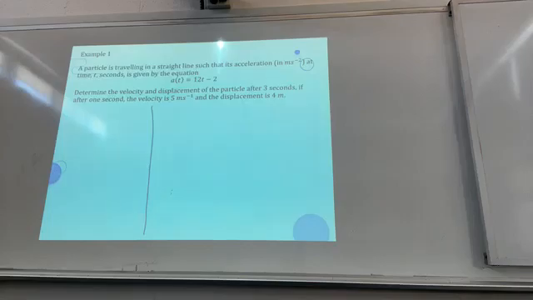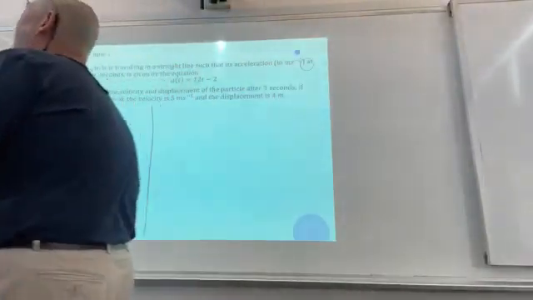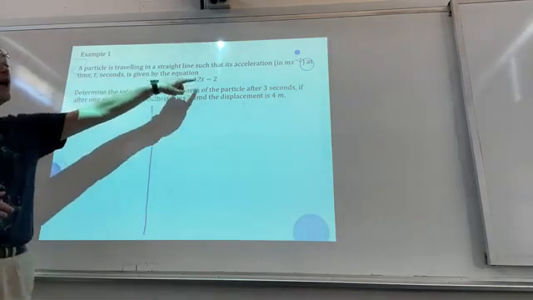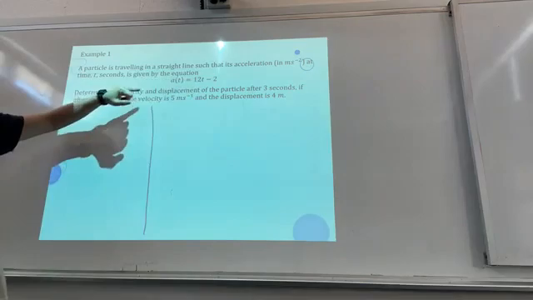So straight line, you know it goes forward and backwards, or upwards and downwards, left and right. It's just a straight line. Make sure that you know what is defined as positive. This one, there's no definition, but you need to think about how you're going to work from here to the velocity and the displacement.